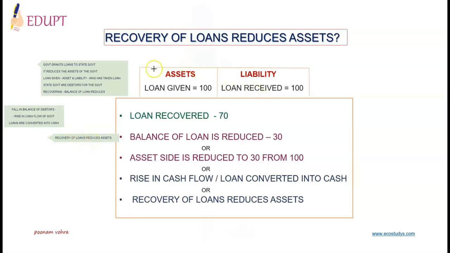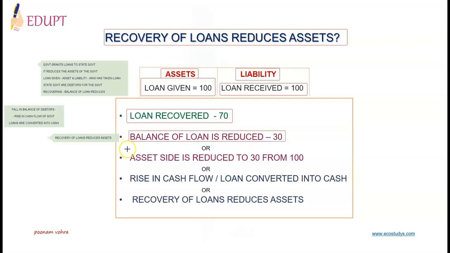Let's have a look at this example. Suppose loan given is equivalent to 100, which is an asset. Whosoever receives the loan, which will be equivalent to 100, will have a liability. If loan is recovered equivalent to 70, it implies balance of loan is reduced by 30.